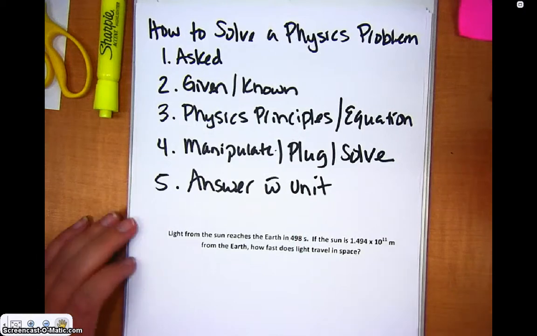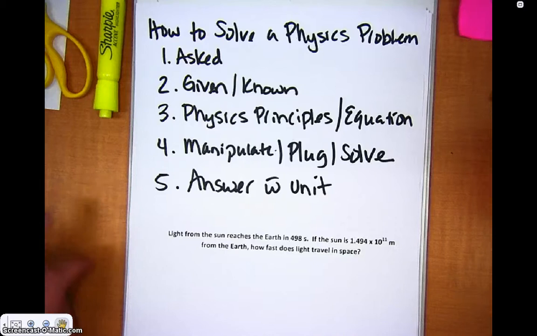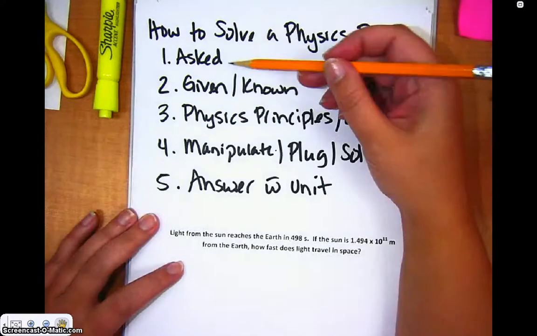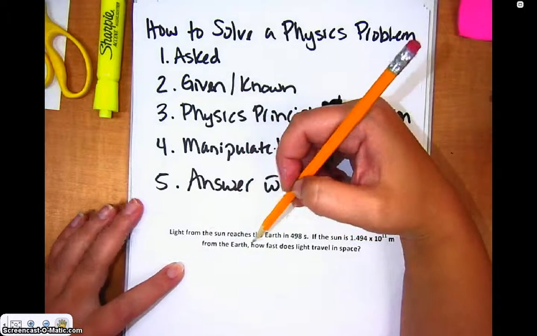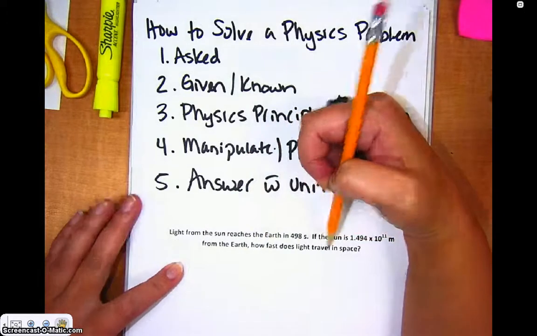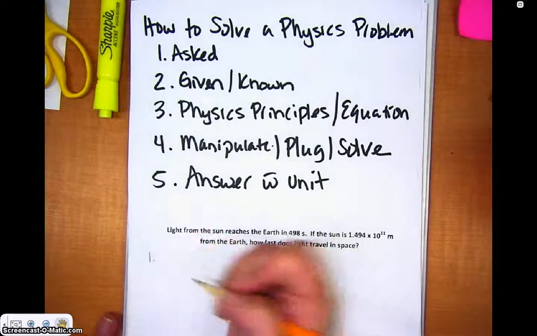So it says light from the sun reaches the earth in 498 seconds. If the sun is 1.494 times 10 to the 11th meters from the earth, how fast does light travel in space? So the first thing that we need to do is identify what we are being asked to solve for. The question says, how fast does light travel? So how fast is a speed or a velocity, right?